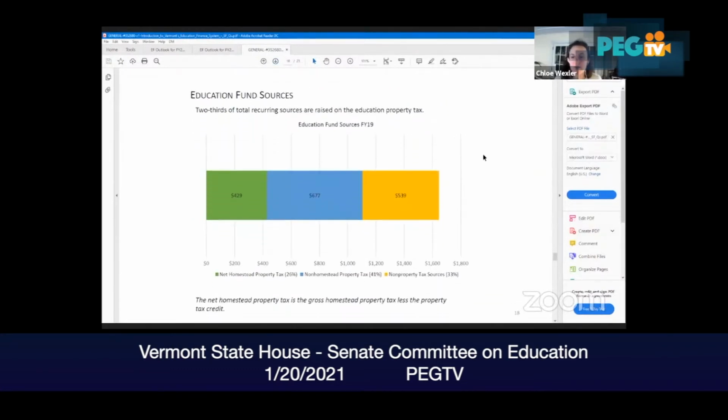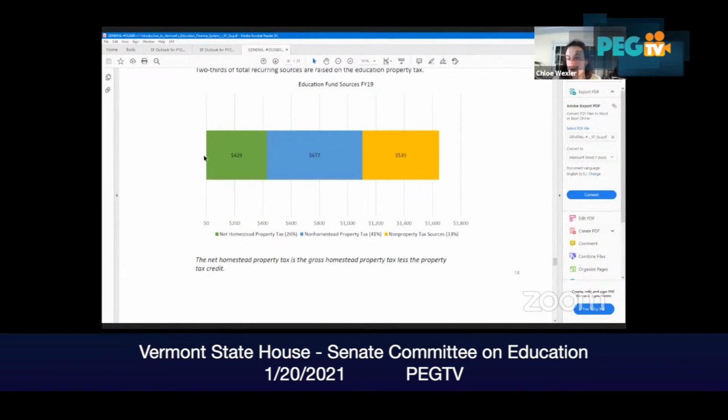When we look at the amount of money that comes into the education fund, we can see that 41% is from non-homestead property. 33% is from non-property tax sources, such as sales tax, meals and rooms, purchase and use, and lottery, and the remaining 26%, or about a quarter, comes in from the homestead property tax.